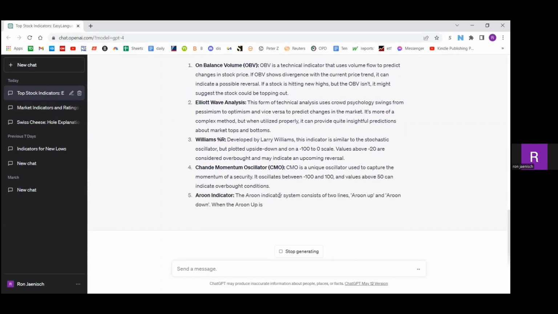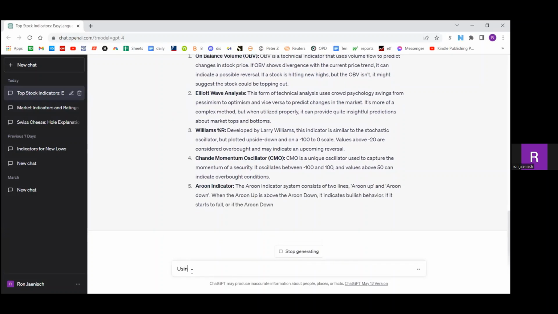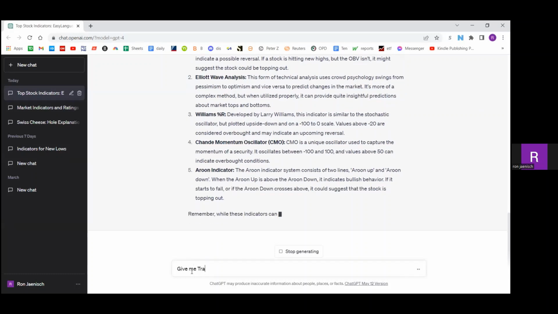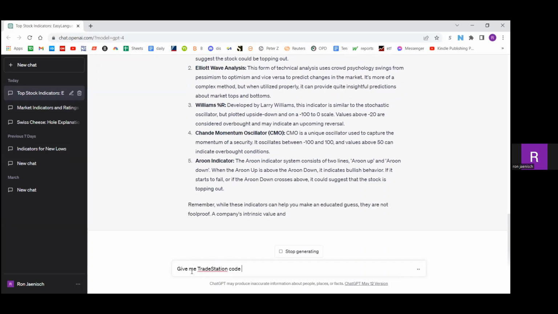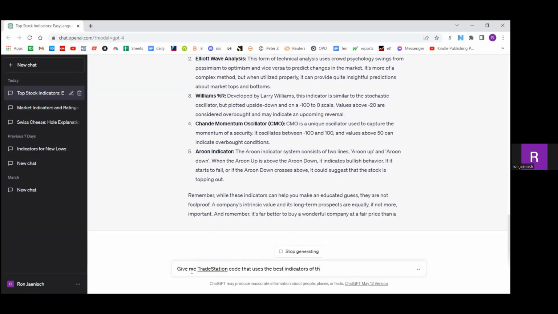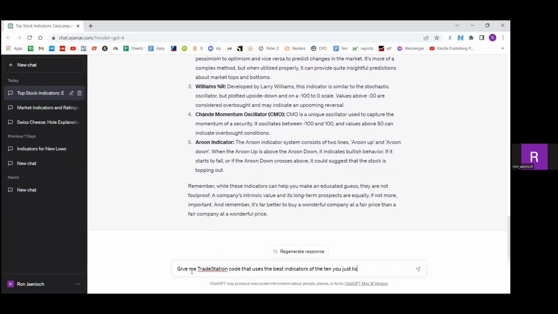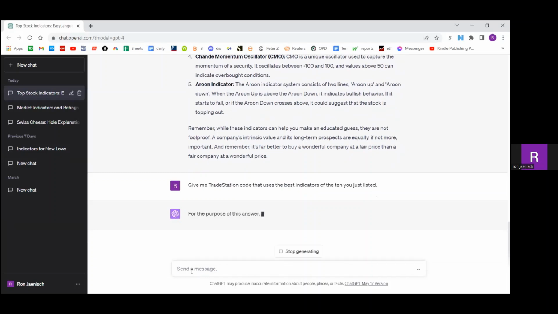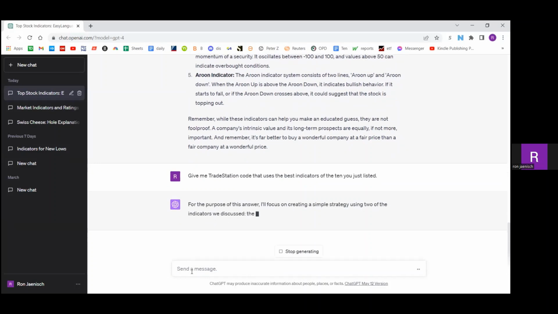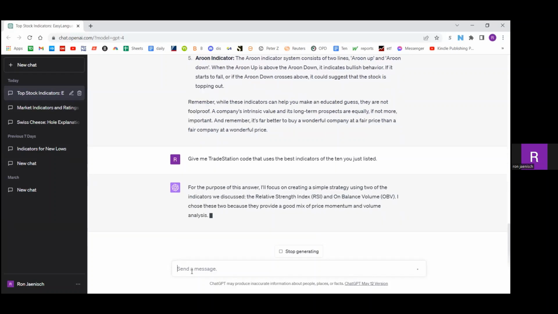Good. All right. So now let's be clever. Give me TradeStation code that uses the best indicators of the 10 you just listed. Okay.